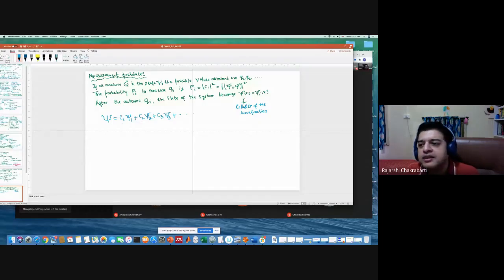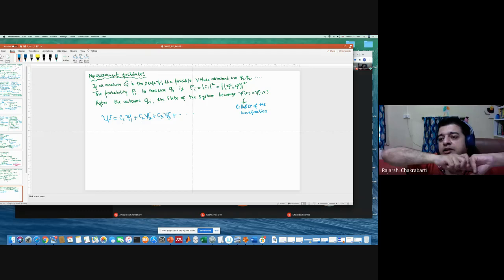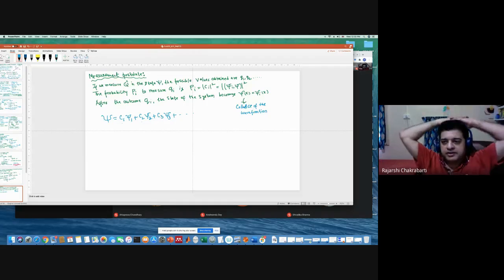In that case, it is equally probable: if I make many measurements, half of the time I will get psi1, half of the time I will get psi2. But if I do it the other way, for example, C1 square is 0.75 and C2 square is 0.25, then if I do many measurements, 75% of the time I'll get psi1 and 25% of the time I'll get psi2.